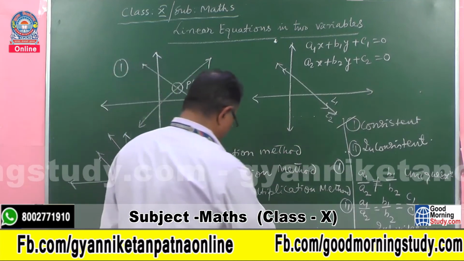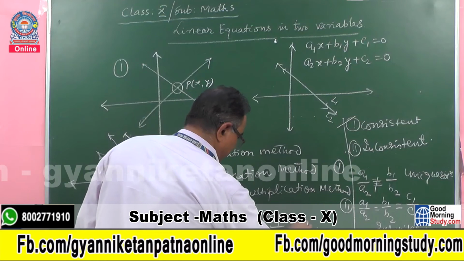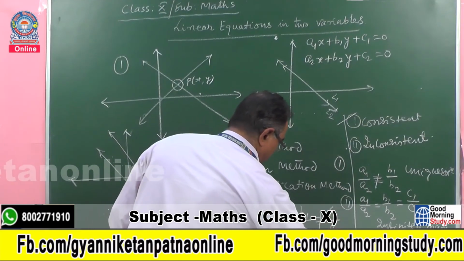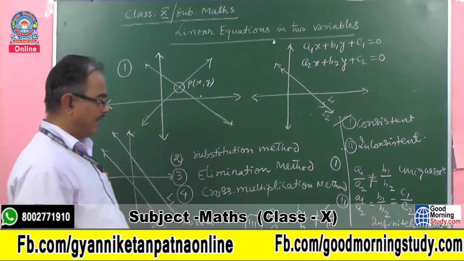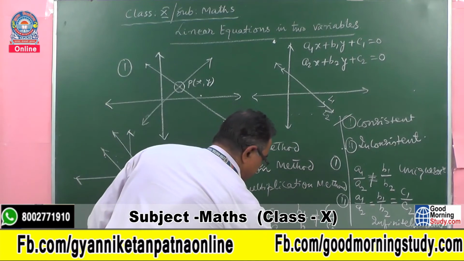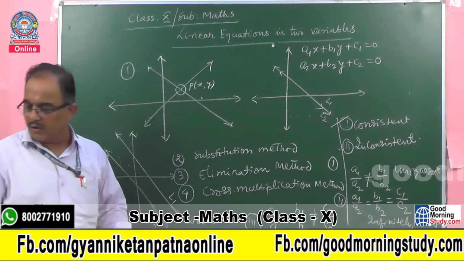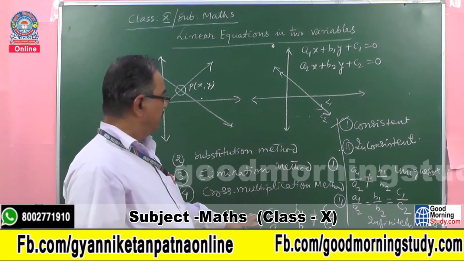And third, if a1 by a2 is equal to b1 by b2 but not equal to c1 by c2, then the graph lines are parallel lines, and in this case the system of equations has no solution.